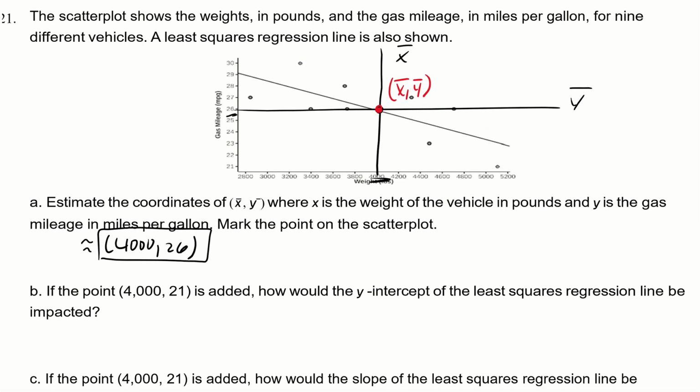So if I added 4,021, like here, what it's going to do is pull the line down. If you have a vertical outlier, it has a pulling behavior, so in this case it's going to pull the line down. If it's a horizontal outlier, it's going to tend to pivot the line. But here it's going to pull it down, so it's going to decrease the y-intercept.